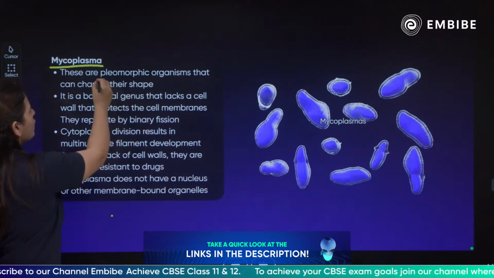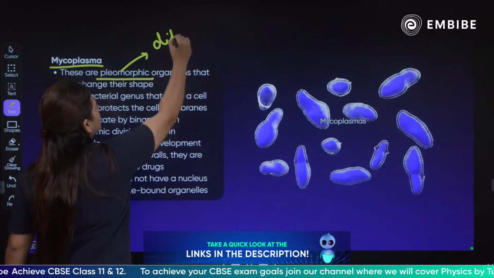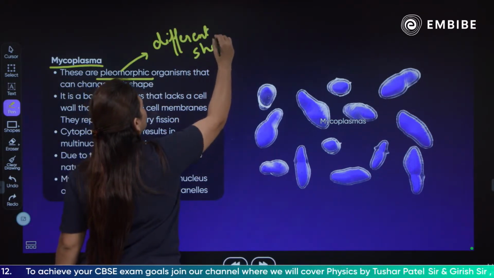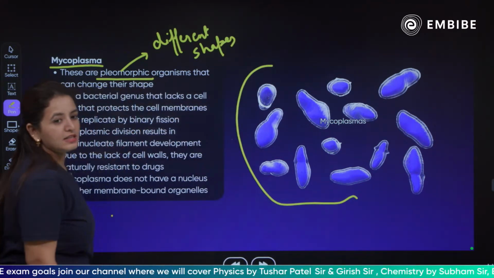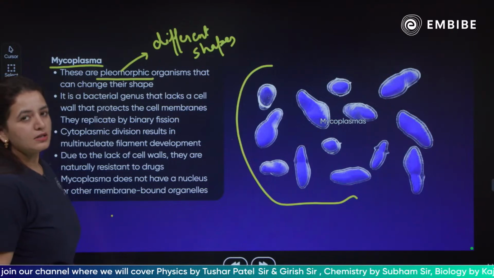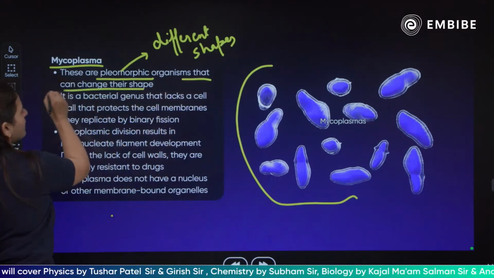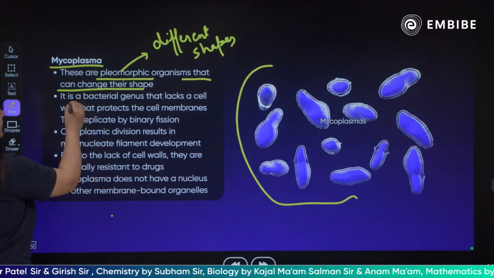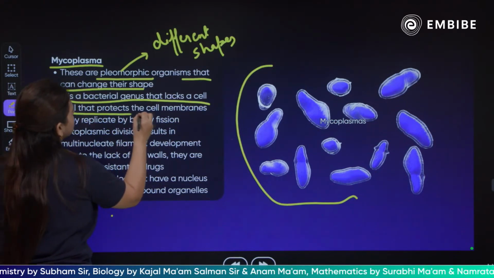They are pleomorphic, meaning different shapes. Can you see this, different shapes and sizes? This is what pleomorphic means, different morphology, and they can change their shape. That is why they are known as pleomorphic. It is a bacterial genus that lacks a cell wall that protects the cell membrane.